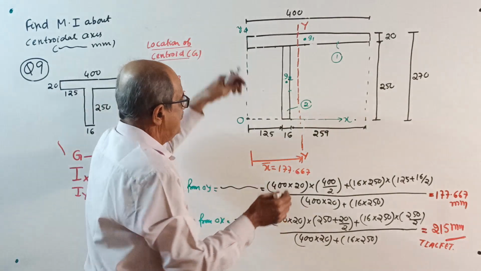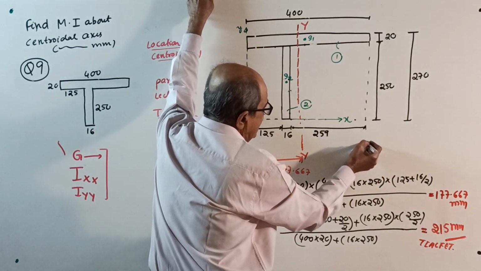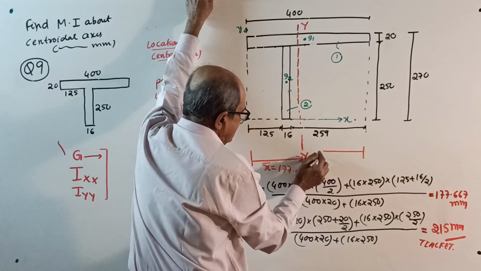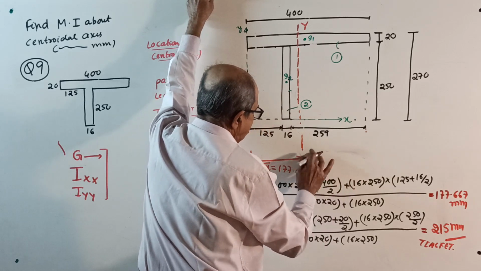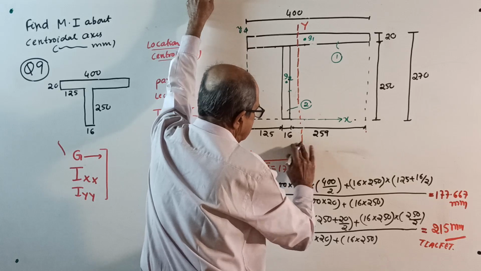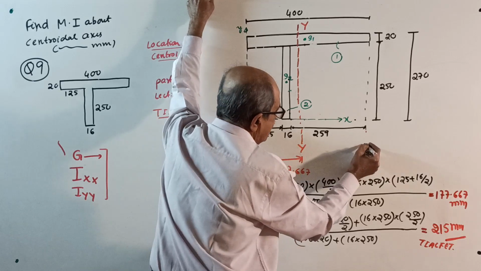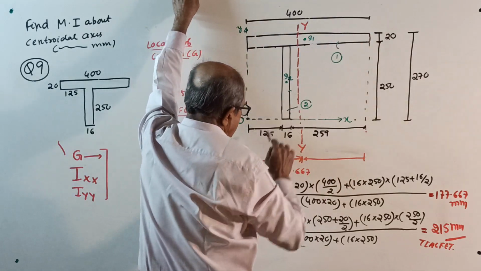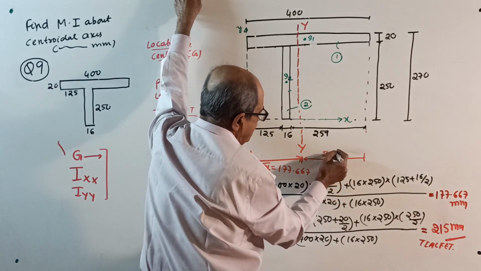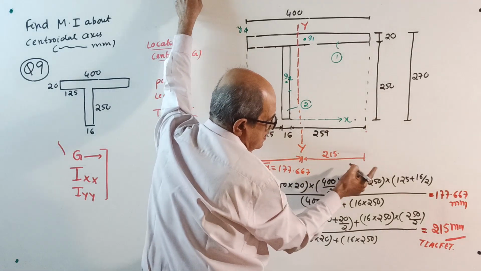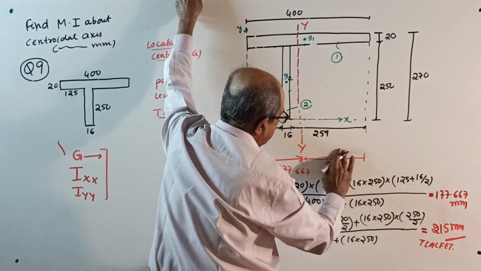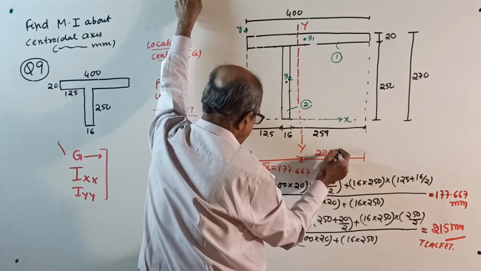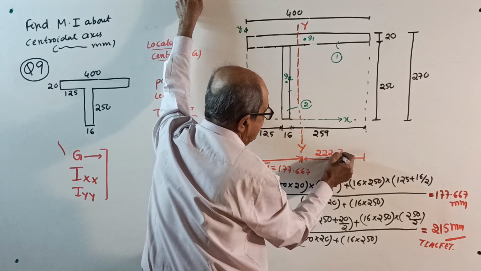If it is not millimeter, I will tell you. From this extreme end, if you require that distance from the YY axis, it is 400 subtract 177.667, which is 222.333.